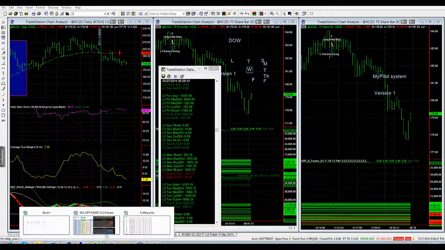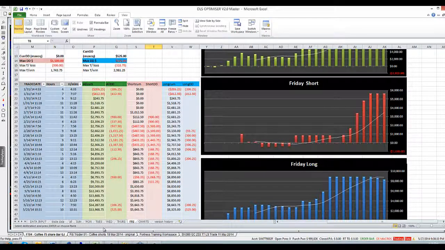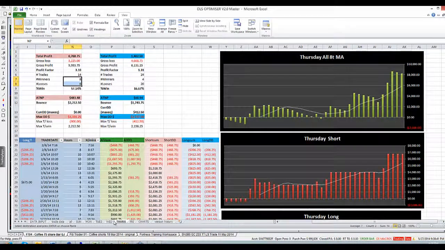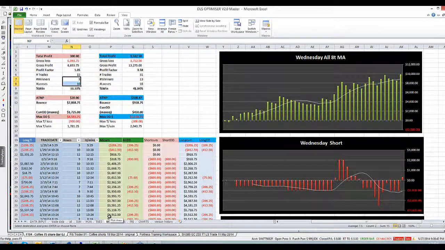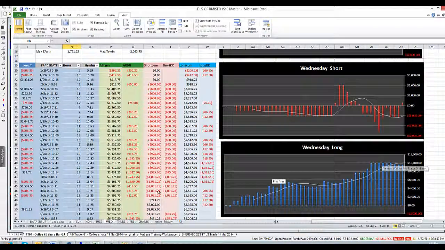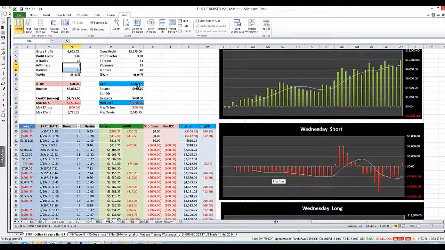So let's just flick back. So we have on the long side a tick on Friday. We're definitely trading Thursdays because we agreed that that's a great recovery. Average trade net profit is good. On Wednesday, we decided that the long side was really good. We just need to watch it because the long side's got an average trade net profit of 308. The drawdown is only 450, so we just need to keep an eye on that.